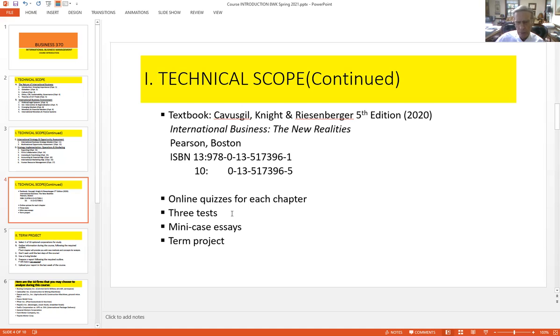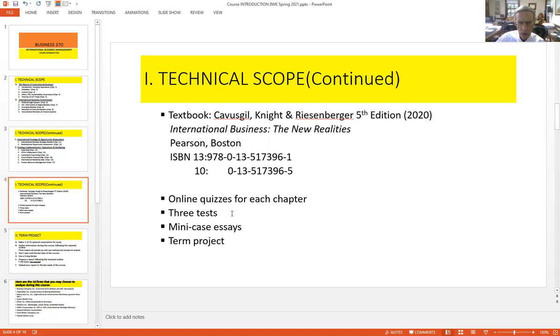On the other hand, a requirement for a course like this is to get you to get your hands dirty, to get involved in looking at how these principles of international business apply to a company. So I've put together an outline of how a report on a company should be done.